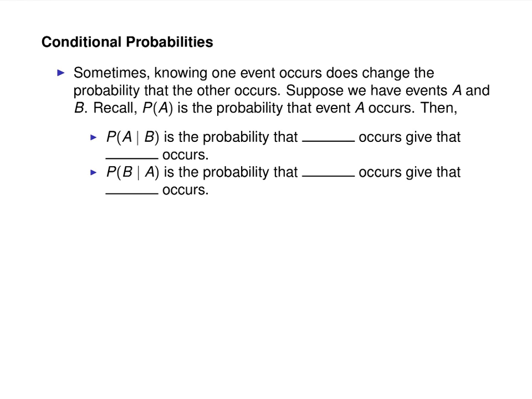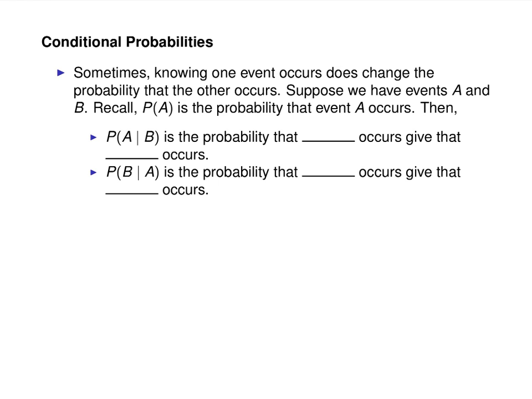So something else we're going to talk about with probabilities is supposing you know some condition, it might change the outcome of something occurring. So for example, suppose I know you have cancer, that means that the probability that you have a positive test result probably is going to be higher than someone who doesn't have cancer, right? So that's something called a conditional probability. Sometimes knowing an event occurs does change the probability that the other event occurs. It's related to independence.